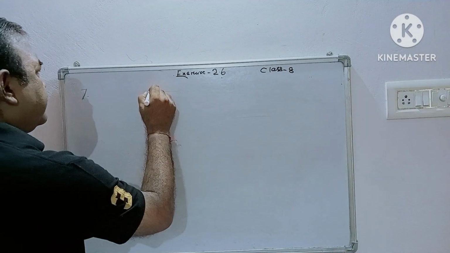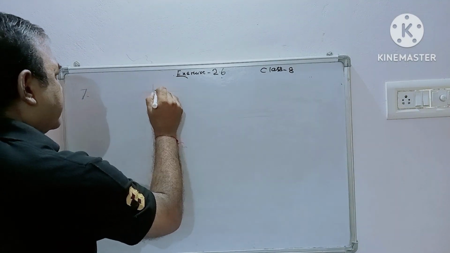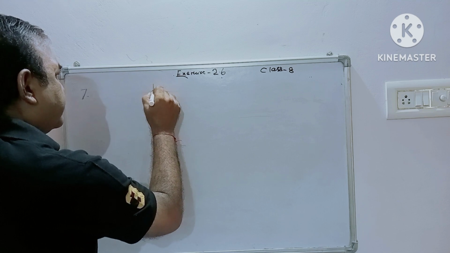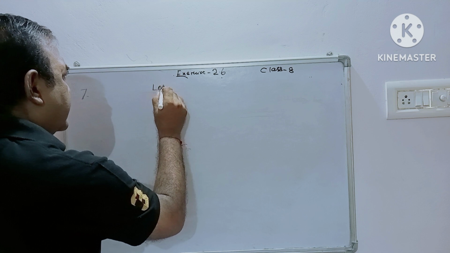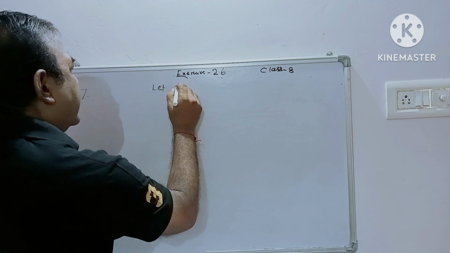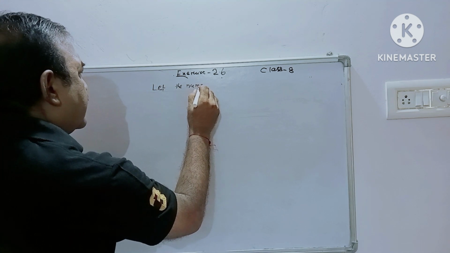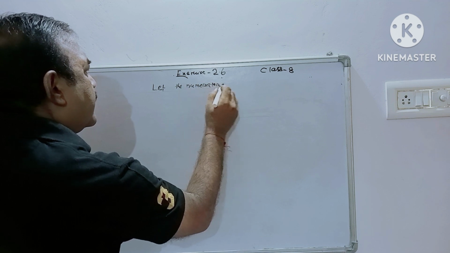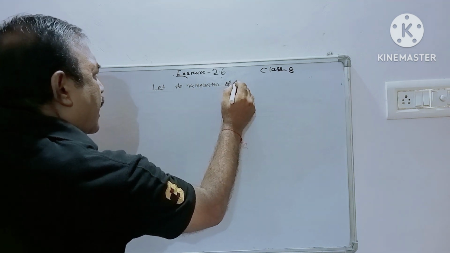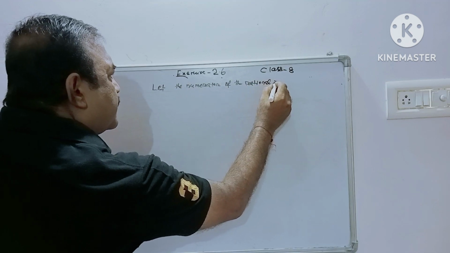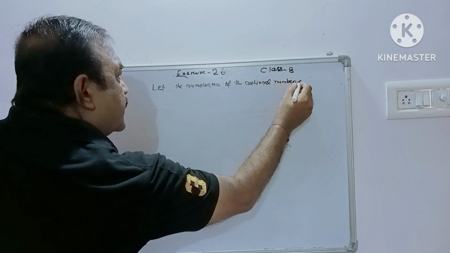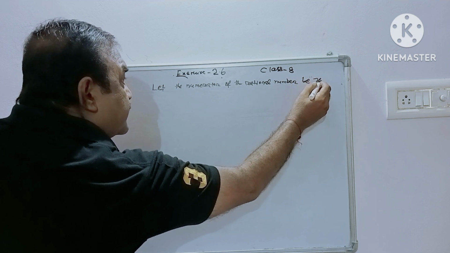So let the numerator of the rational number be x.